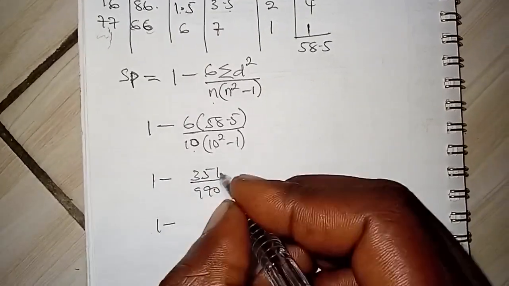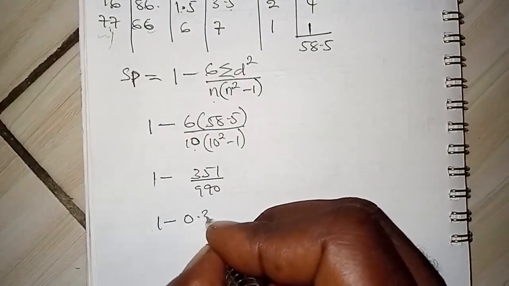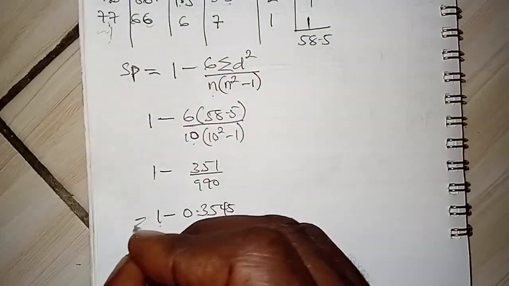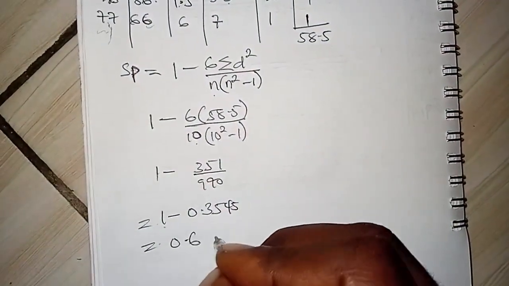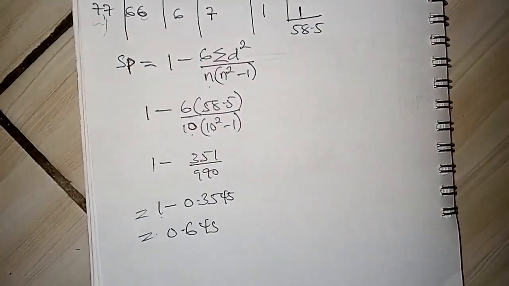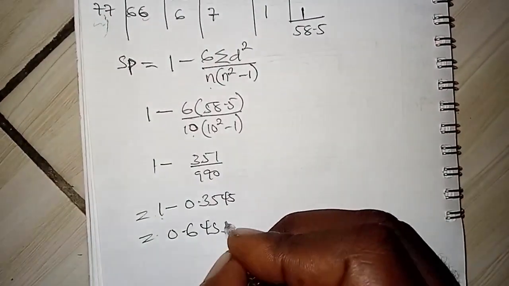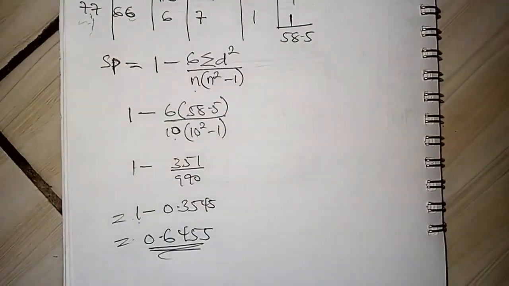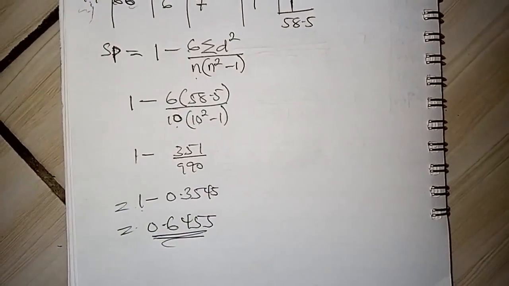So 1 minus, if we divide this, we get 0.3545. So this minus this will give us 0.645, maybe 5. So this is our Spearman ranking.